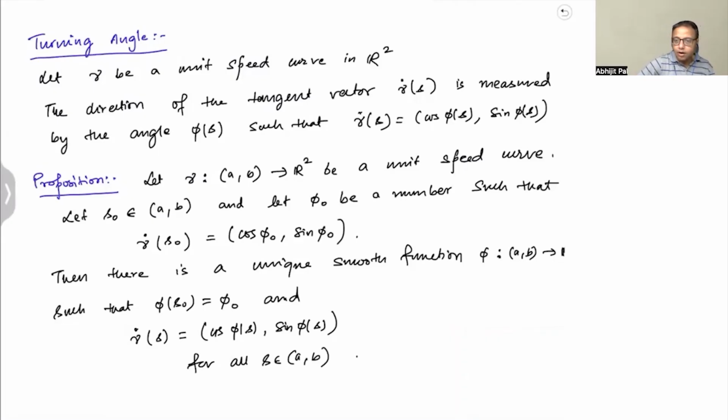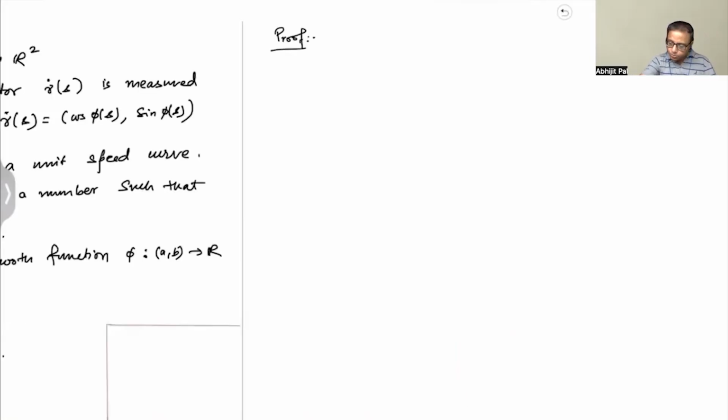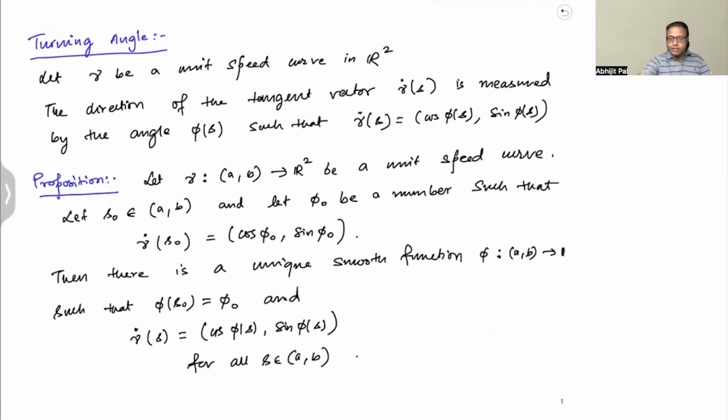Okay. So now how do we prove this? We need to find this smooth function phi such that gamma dot s is equal to cos phi s comma sin phi s.